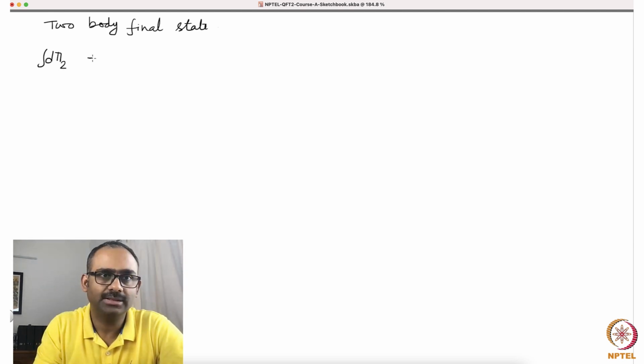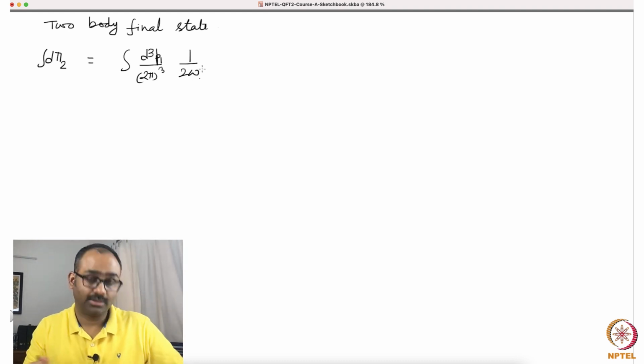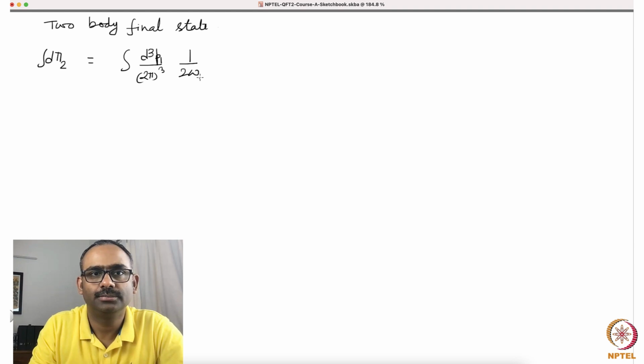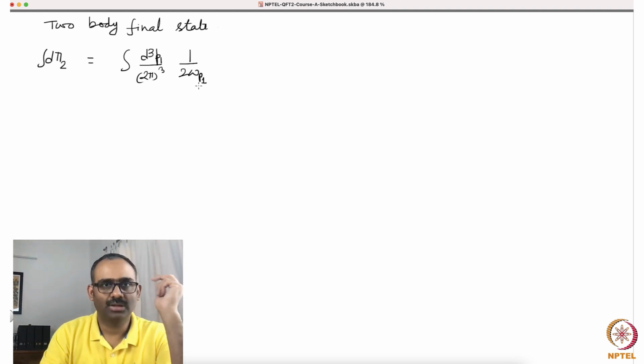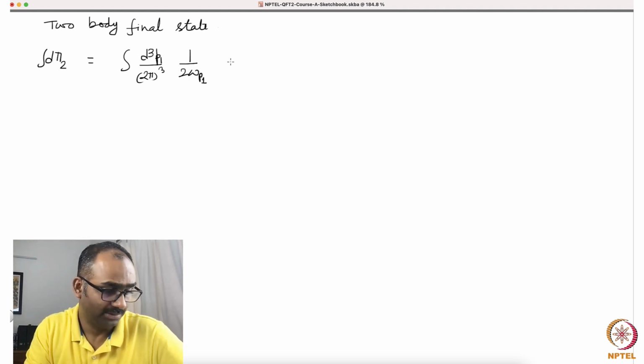Okay, and the phase space is the integral d cube p1 over 2 pi cube, 1 over 2 omega p1, where the energy omega p1 is the energy of the particle carrying momentum p1.